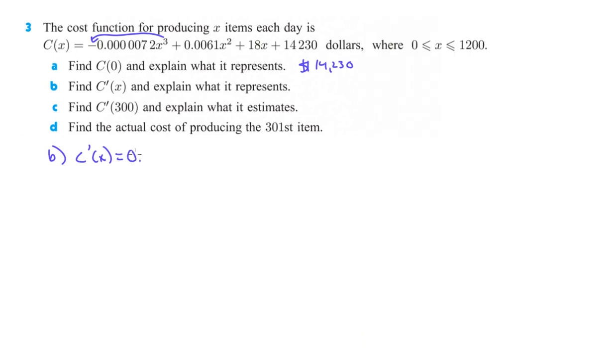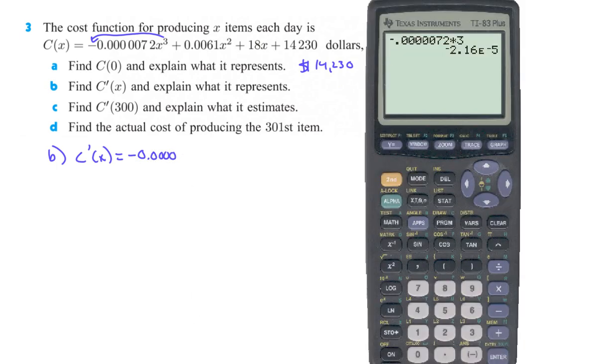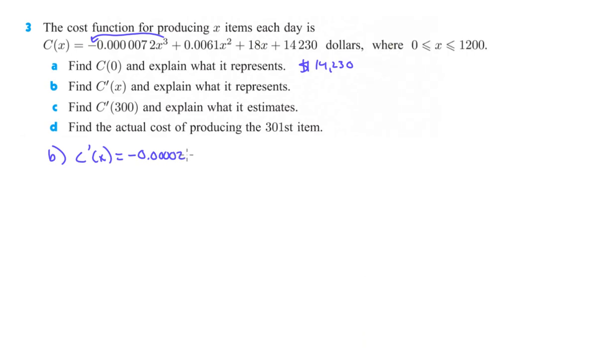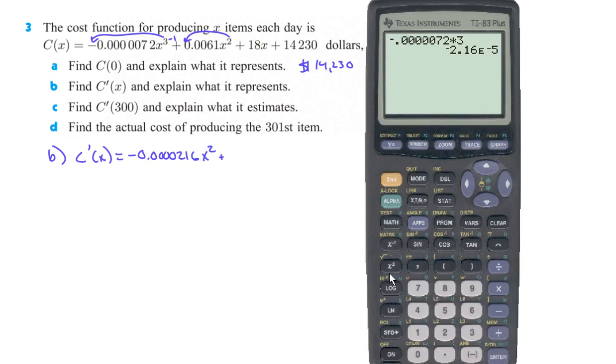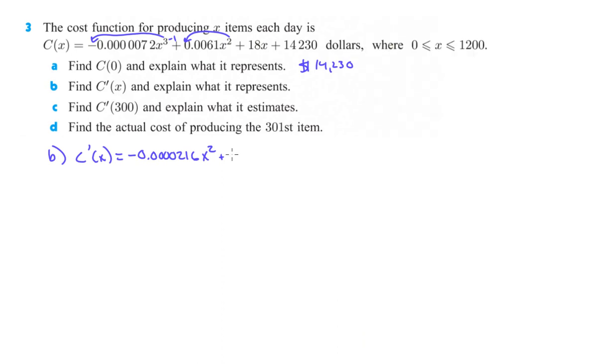So it's going to be negative 0.0000, and then what was our number? 216. Okay, and that's going to be x to the, subtract 1 from that, that's x squared. Plus 2 times 0.0061. 2 times 0.0061 gives us 0.0122.